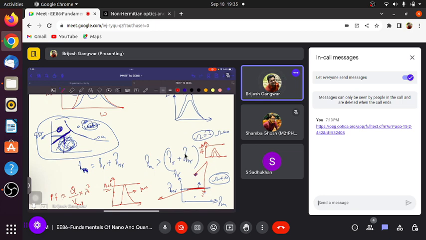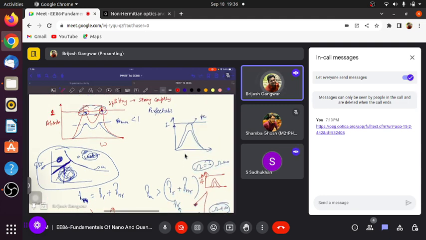This is not exactly equal, but some term will come. So if the Q factor increases, the Purcell factor will increase, right? And if the mode volume is lesser, then also the Purcell factor will increase. So the Purcell factor is the quantity we use to characterize the weak coupling region only.